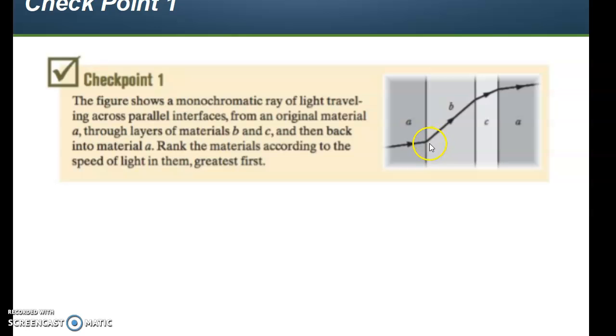So what that means is that this must have the greatest speed of light. This would have the next speed of light, and then this would have the lowest speed of light in that medium. Okay? So the fact that this is bent so much means that this has the greatest change, and therefore the greatest speed.